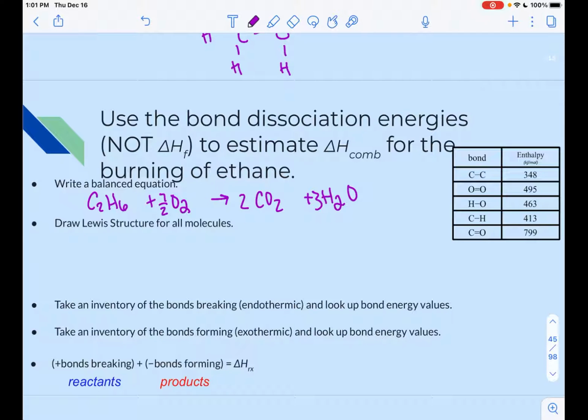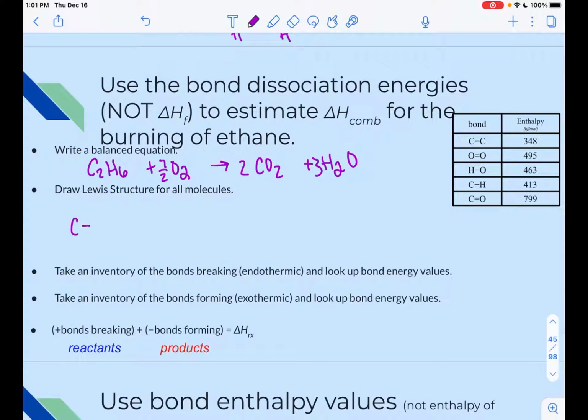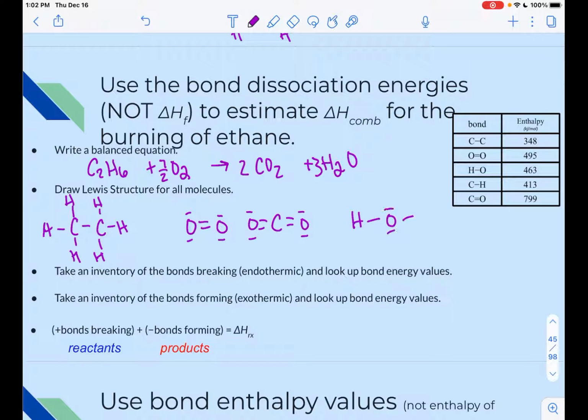So then the next thing is to draw a Lewis structure for all the molecules. We already did that up here, so I'll just rewrite them down here. And you might notice that instead of drawing the dots, I drew lines for lone pairs, that's fine.